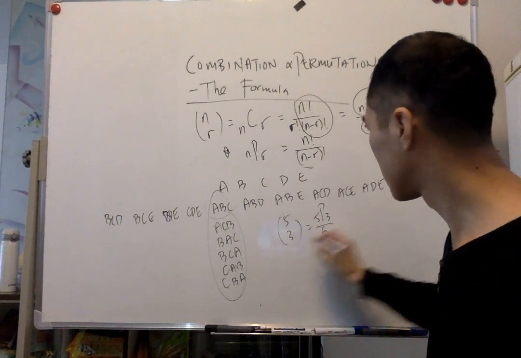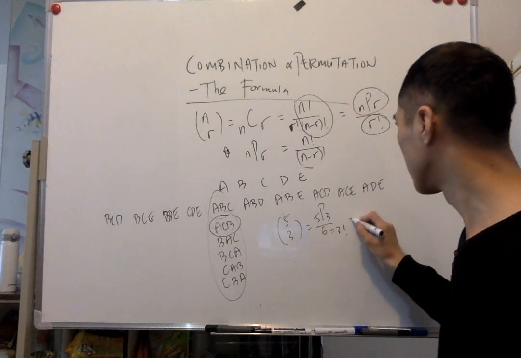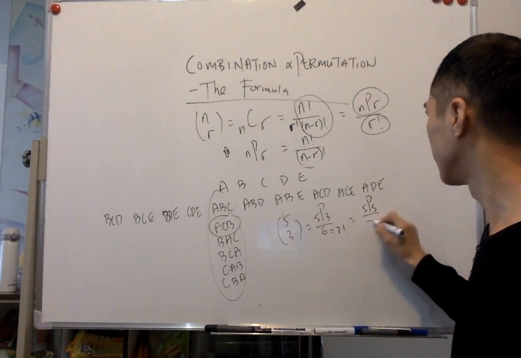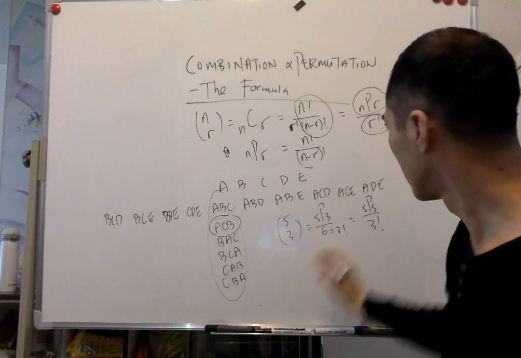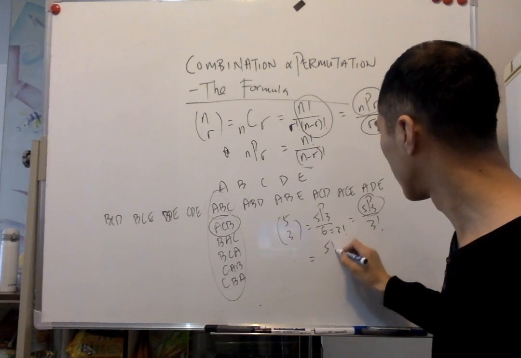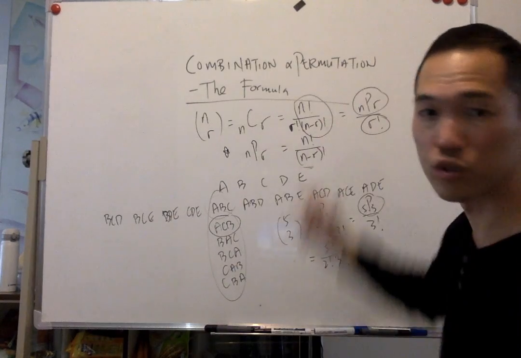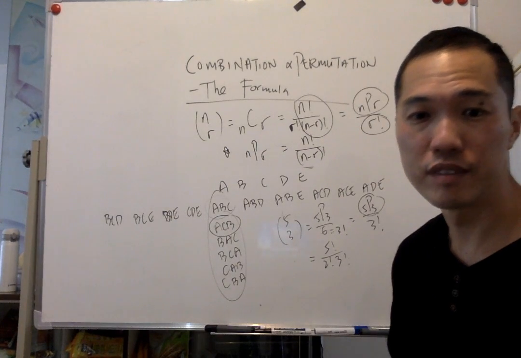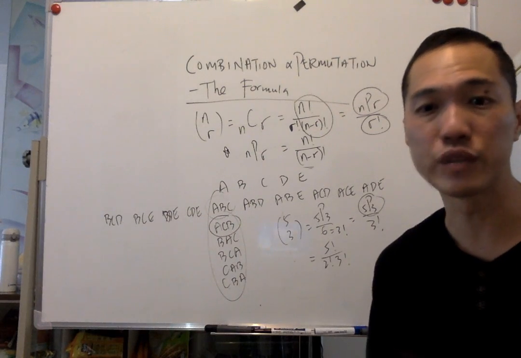How do you get 6? Because 6 is the arrangement of 3 items, which is 3 factorial. So it's 5P3 over 3 factorial to get the answer. 5P3 is from this formula, 5 factorial over 2 factorial, and then divided by 3 factorial, which is equal to the formula. Right. So you have to work on this a few times until you get used to it.